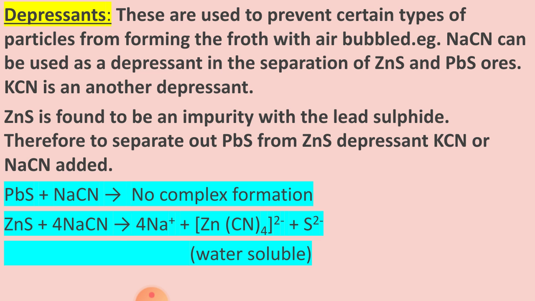So that's why this complex settles down and PbS comes up in the form of froth. In this way we can separate PbS from ZnS. That's why, when PbS is separated from ZnS by using NaCN, this process is known as depression and the chemical is known as a depressant.